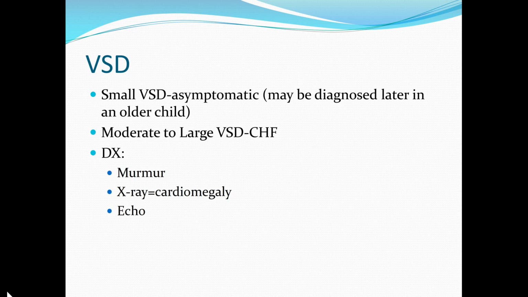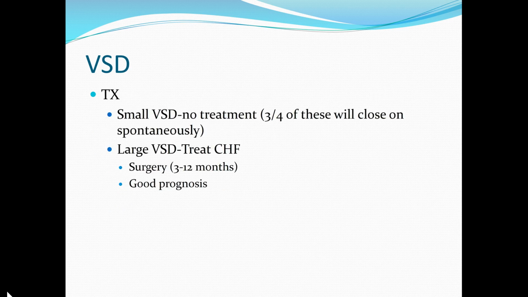If it's small, they may be asymptomatic and it may actually not be diagnosed until later in life. If you have a moderate to large VSD, you're going to have congestive heart failure. They're going to have a murmur. X-ray, again, may show cardiomegaly if it's large. And the echo is going to show the size and location of the defect and, again, what effect it's having on the heart.